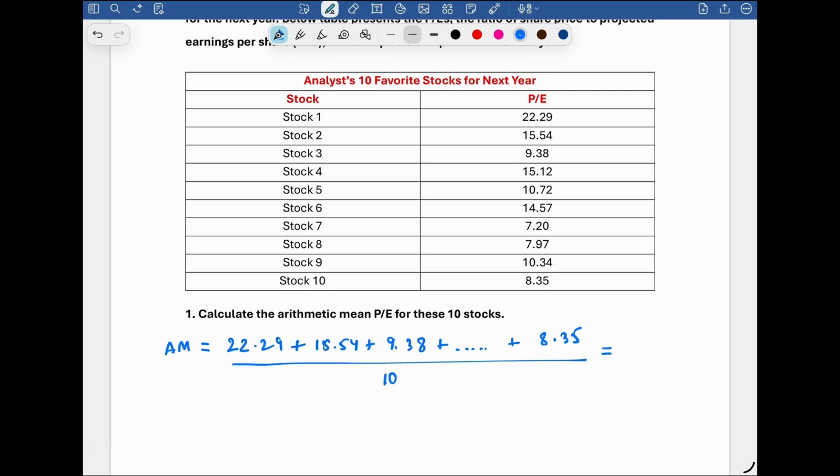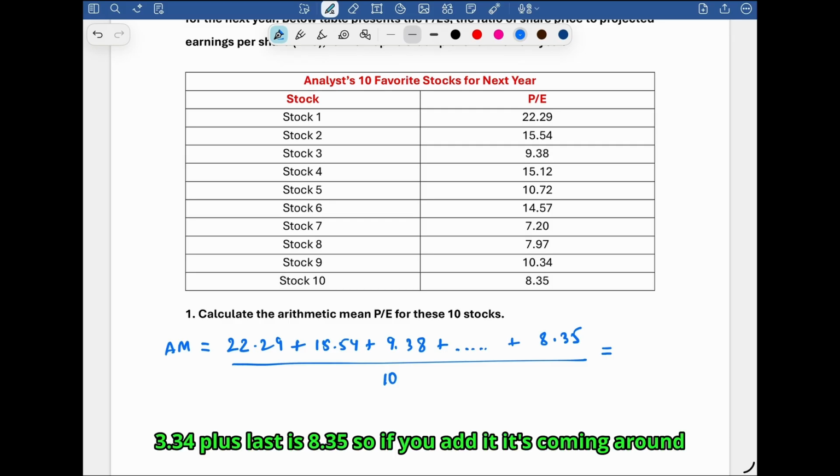22.29 plus 15.54 plus 9.38 plus 15.12 plus 10.72 plus 14.57 plus 7.2 plus 7.97 plus 10.34 plus the last is 8.35.